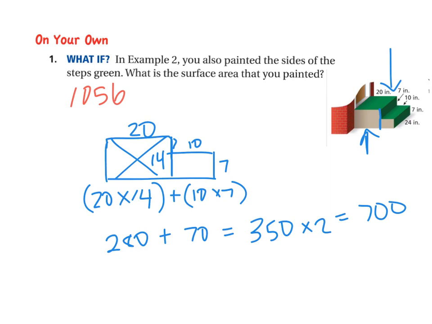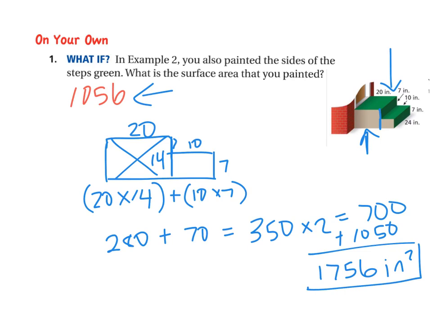And then you add 700 to the 1056 that we had earlier, that's for the carpet going down. And our total surface area for this set of steps would be 1,756 inches squared.